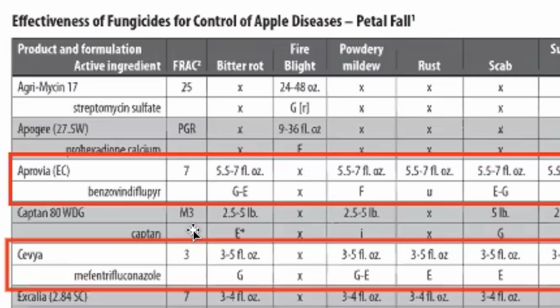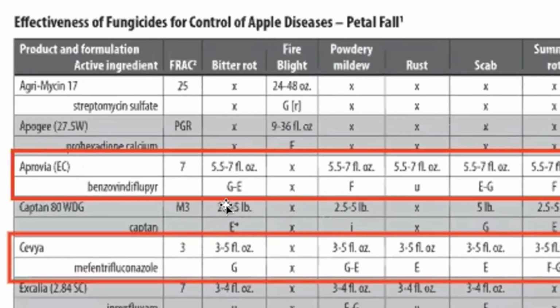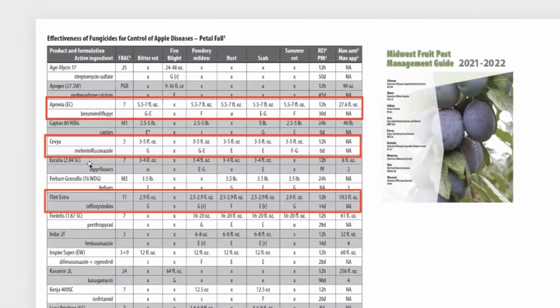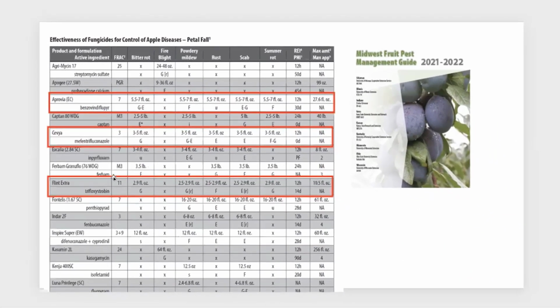I suspect over time that label will change, but if I were this grower and I was going to invest, with bitter rot being the problem that it is, I would be leaning more towards Aprovia than Excalia. Instead of using just Sovereign, maybe look at Flint, or if you scroll farther down in the spray guide, you could see Luna Sensation or Merivon.